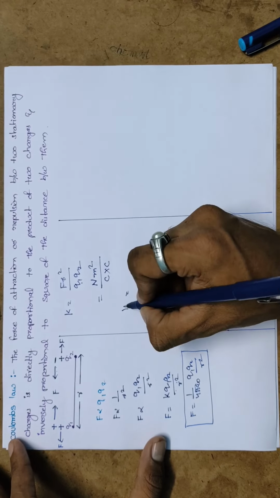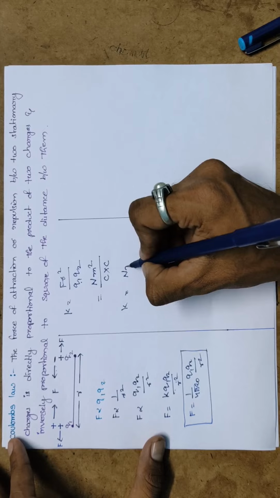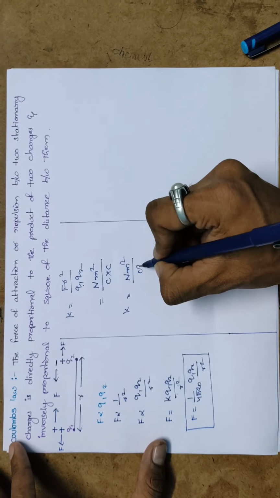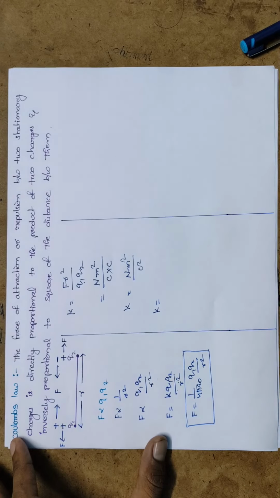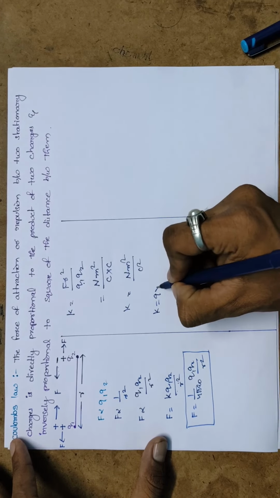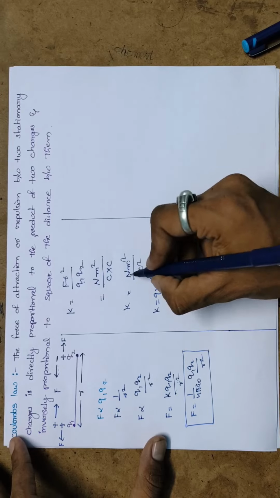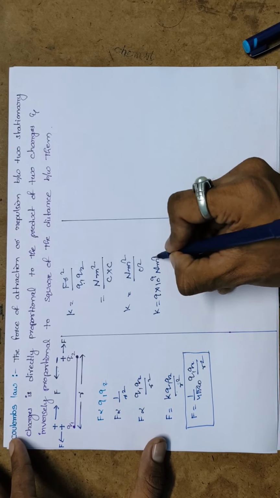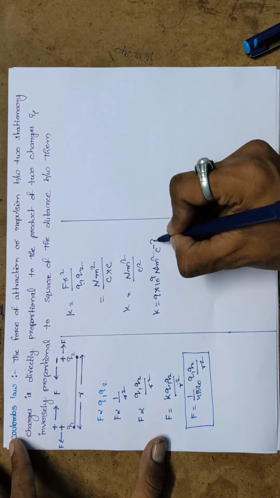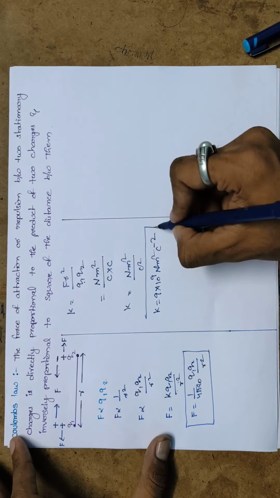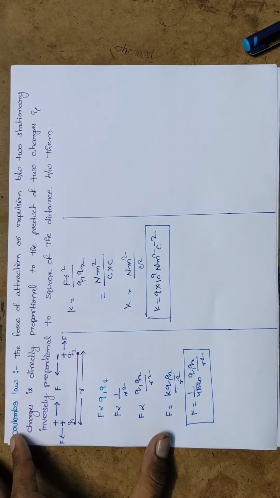So the SI unit of k is Newton meter square by Coulomb square. This k has a constant value, that is 9 into 10 power 9 Newton meter square. If you bring this C square into the numerator, that is C power minus 2. So this is the k value.